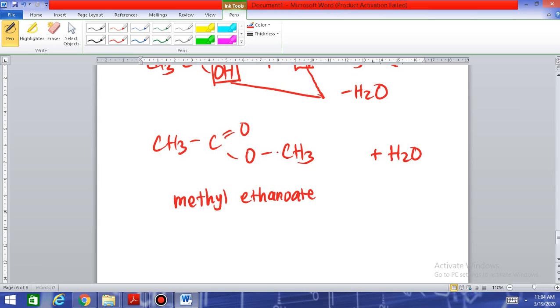So once again, the alkyl is from alcohol, and its name must be mentioned first, methyl. The remaining is from carboxylic acid, but you have to give the suffix oate. This is from ethanoic acid because it has 2 carbon atoms, with suffix oate, ethanoate. Methyl ethanoate. So this is the ester produced.